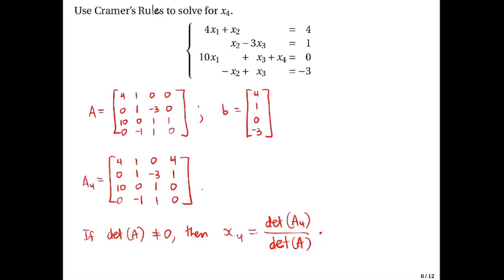Okay. So let's find the determinant of A. We can do the expansion along this fourth column. It has plenty of zeros.